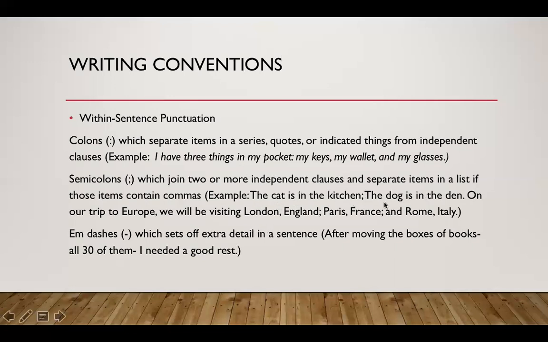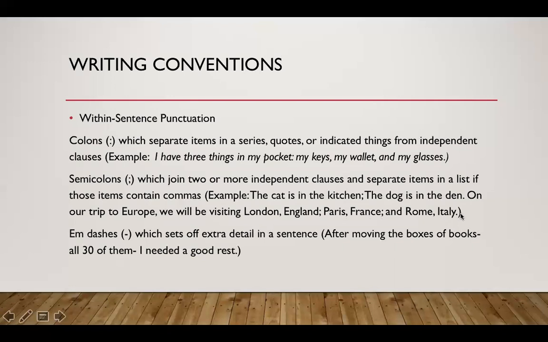So the cat is in the kitchen; the dog is in the den. On our trip to Europe, we will be visiting London, England; Paris, France; and Rome, Italy.